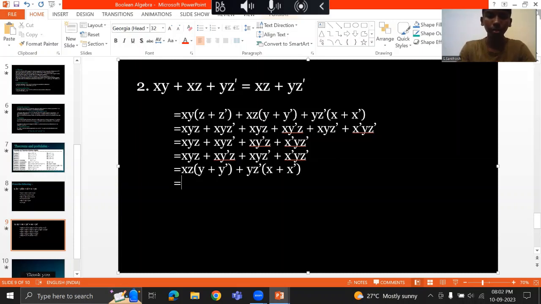As you know from the theorems and postulates, y plus y dash and x plus x dash will be equal to 1. So it will just be xz plus yz dash.